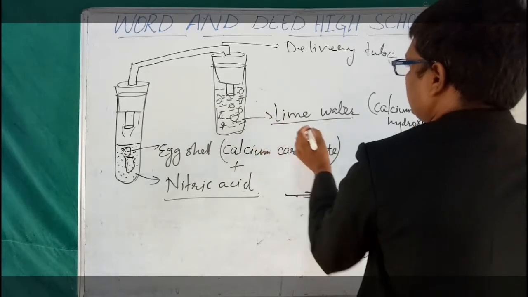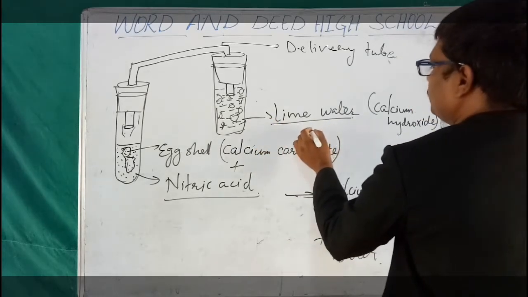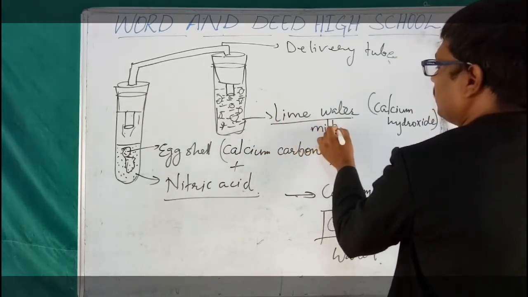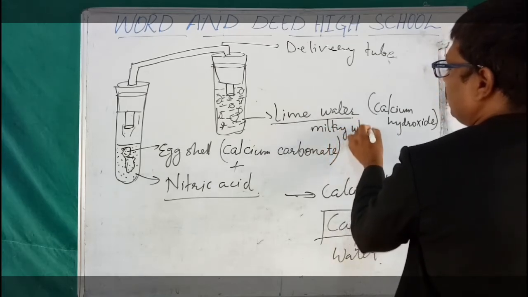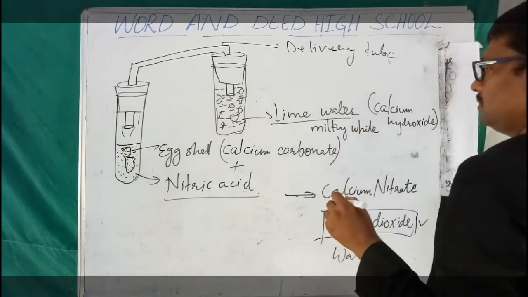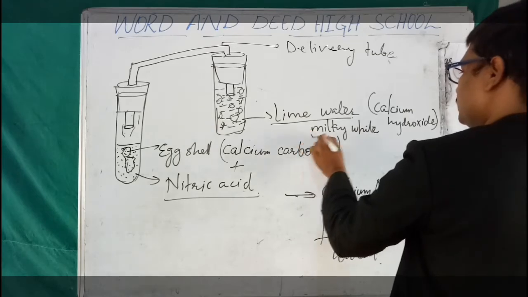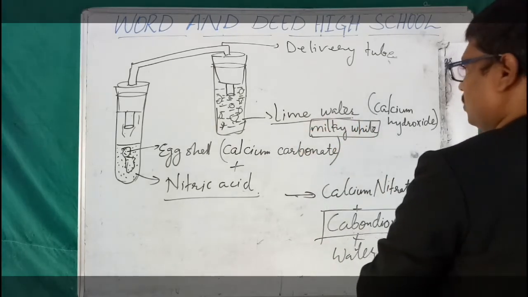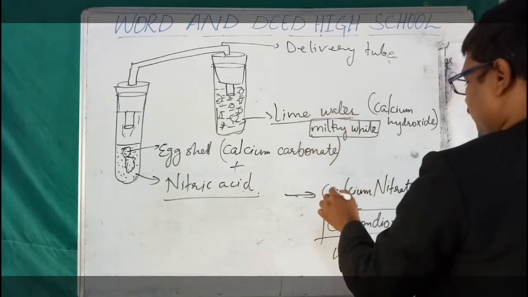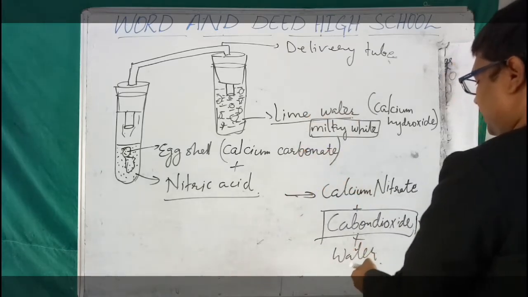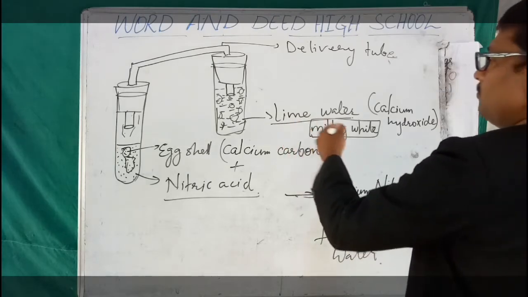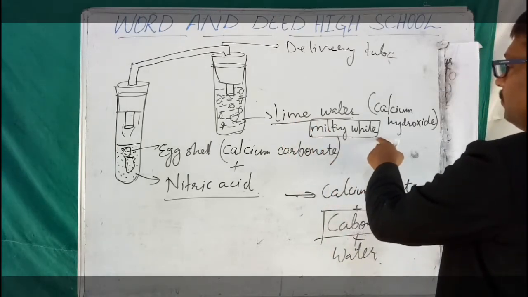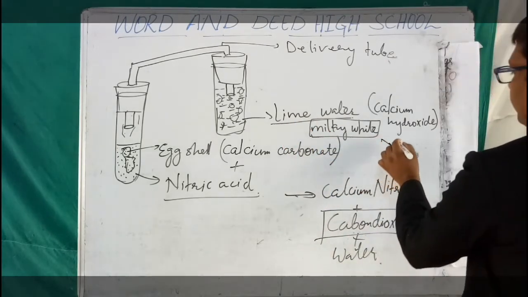The color of lime water will change into milky white. This will be the indication of the presence of carbon dioxide. Lime water changes its color into milky white; it forms like a precipitate.